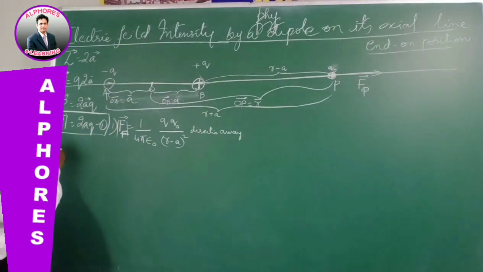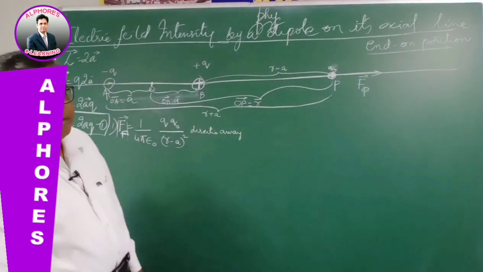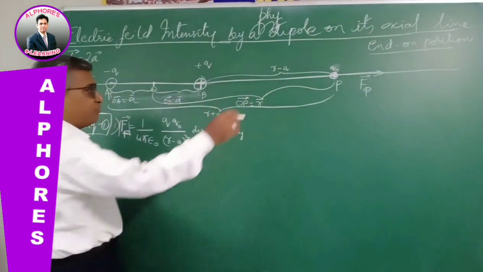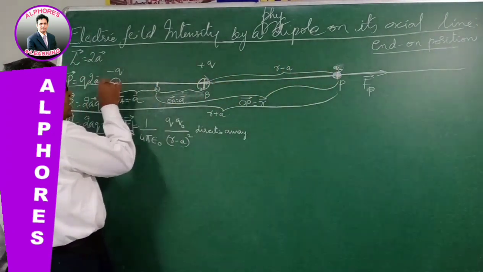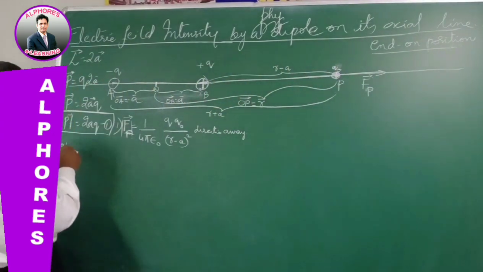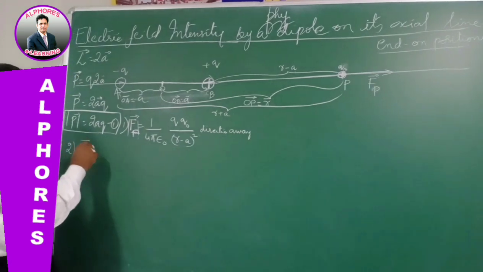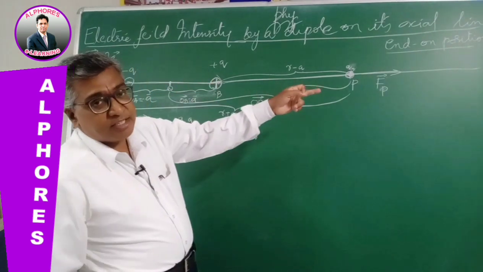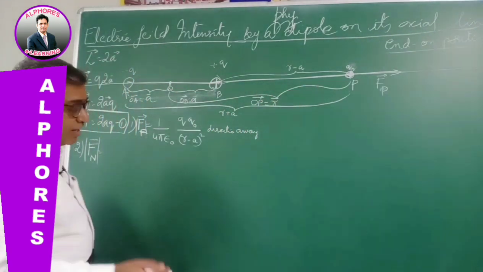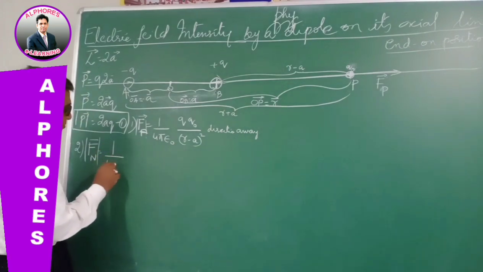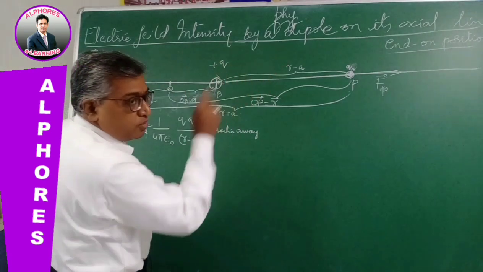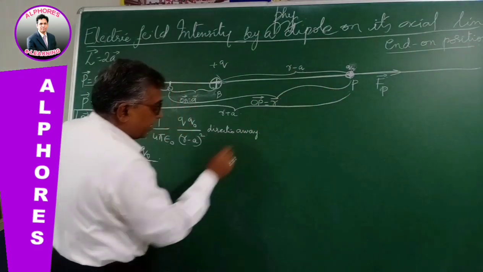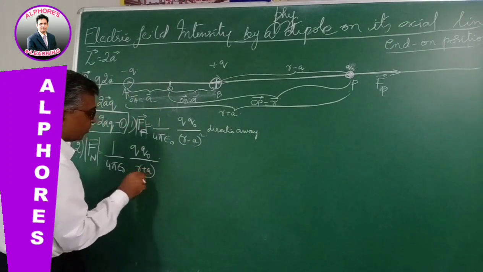Next, the second one. Similarly, we have to find the force on this test charge due to the other charge of the dipole, the negative charge. The magnitude of the force due to the negative charge, Fn: the distance of the negative charge from the test charge is r plus a. According to Coulomb's law, force is 1 by 4 pi epsilon naught, q1 q2, that is Q into Q0, by r plus a whole square.